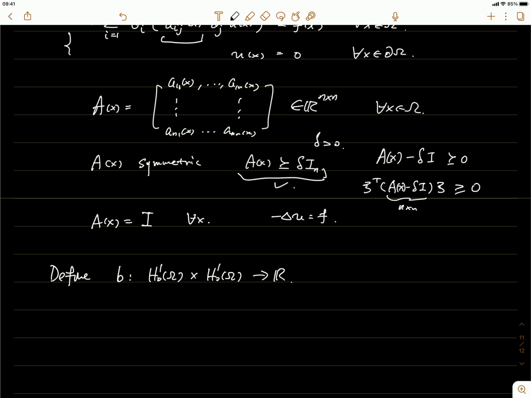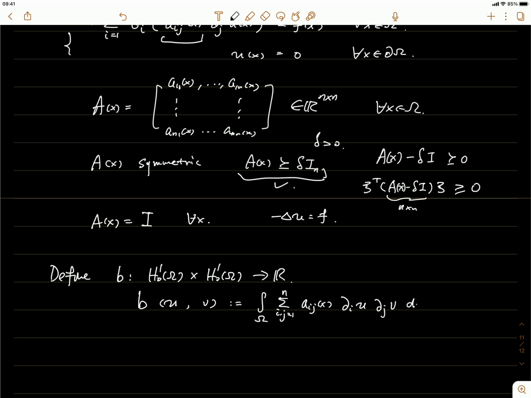For any u and v, B(u,v) is defined to be the sum over ij from 1 to n of the integral over omega of aij(x) du dxi times dv dxj.